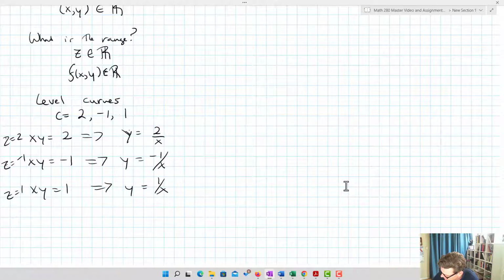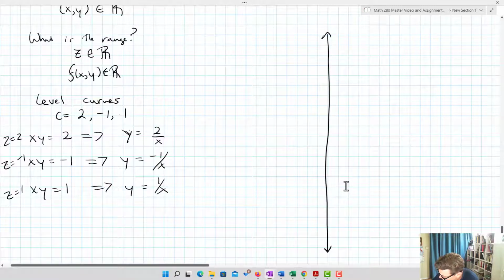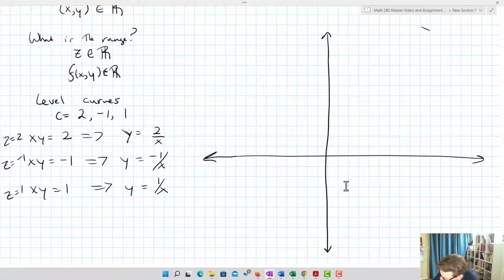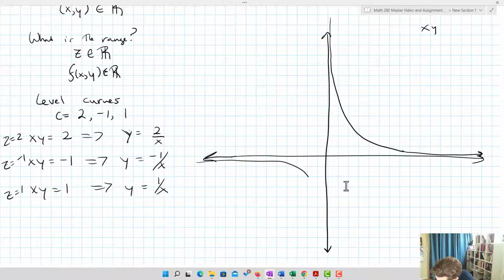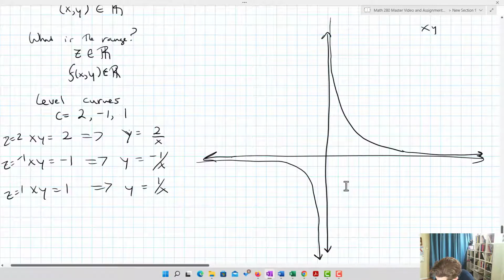Now when I draw my level curves, again, this is going to be in the xy plane. Essentially, what I got here is I'm going to have an asymptote at 0, and that's going to look like the one that we have for 1. So this is z equals 1, for example.